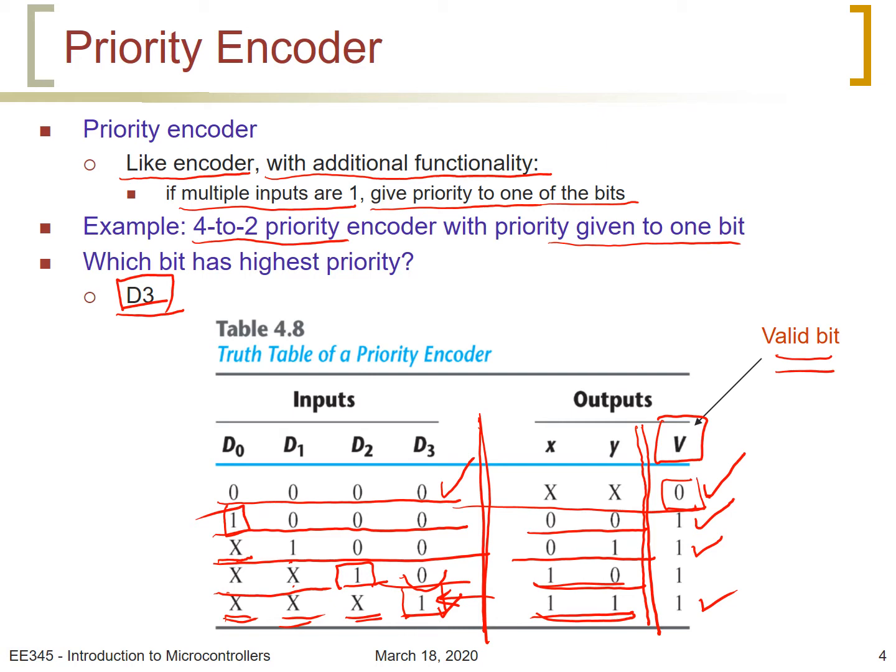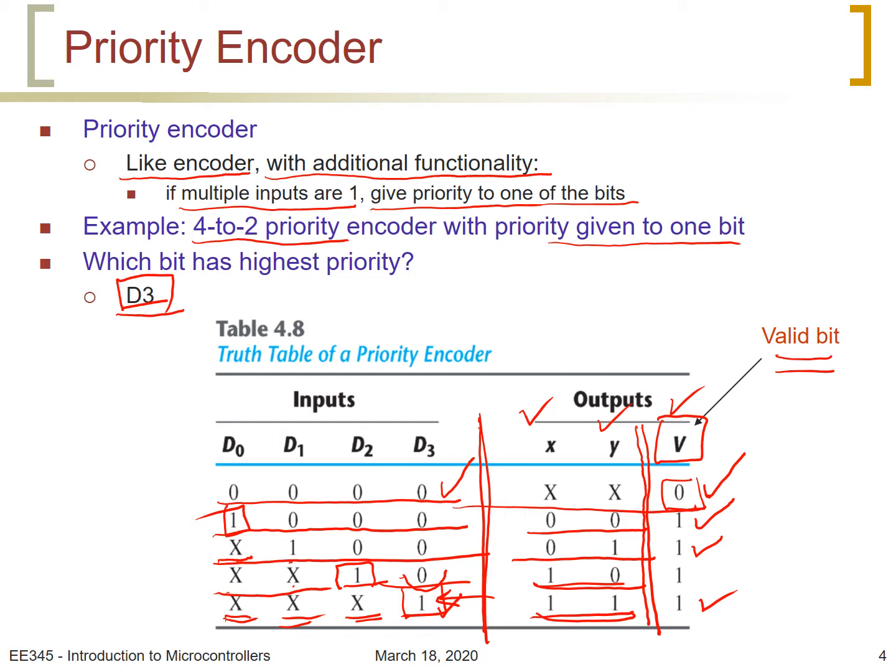Of course, we explain this in order to derive the Boolean functions for X, Y, and V given this table here on the left-hand side. Now, to develop that, actually, we know that D0, D1, D2, D3 have 16 different combinations.